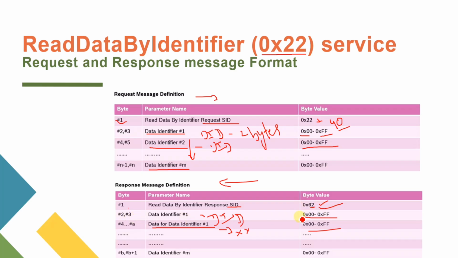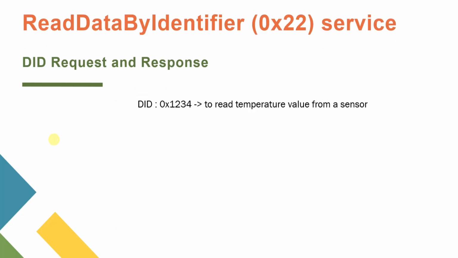The next 2 bytes are reserved for the DID. After 2 bytes, from the third byte onwards, comes the data record, whatever data we need. That data we will be receiving. So this is the standard request and response message format for service 22.